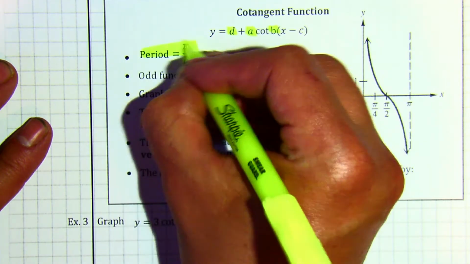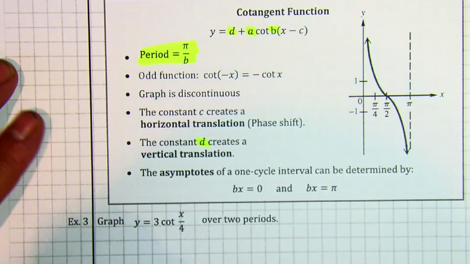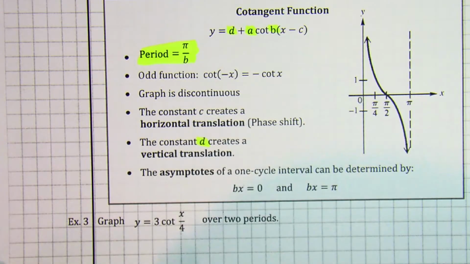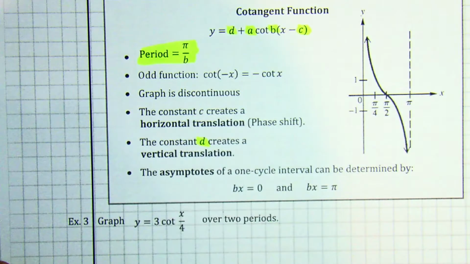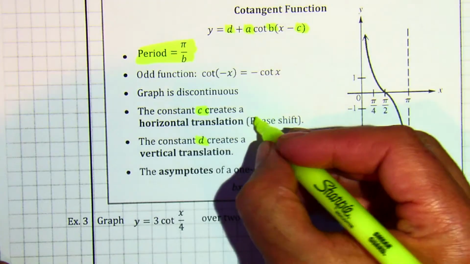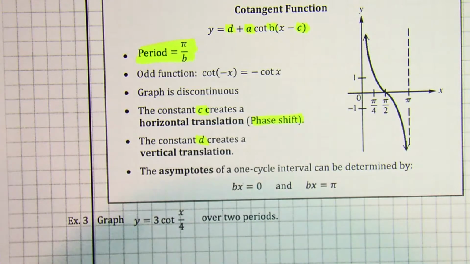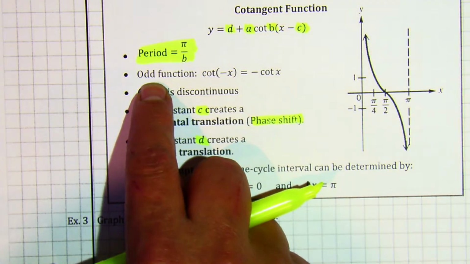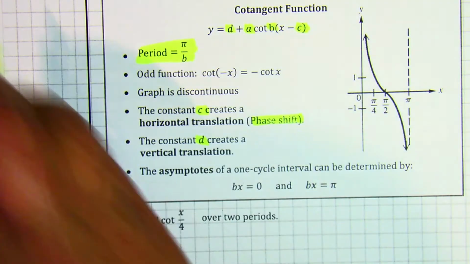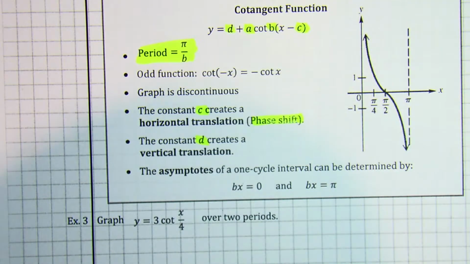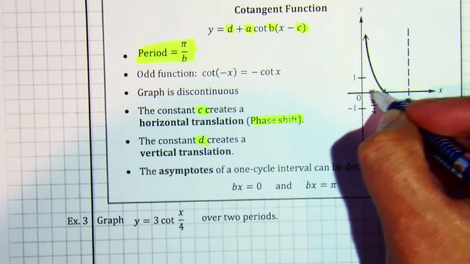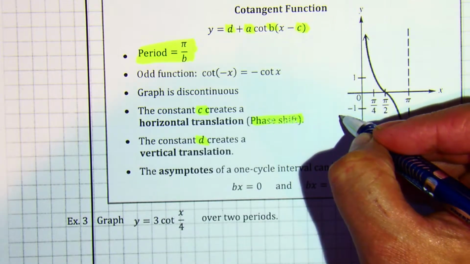Notice that your period, once again, is going to be pi over B, whereas your sine and cosine need to be 2 pi over B. Your C is your horizontal translation, which we call our phase shift. It's an odd function. That means if we plug in pi over 4, it will give us a 1. And the cotangent of negative pi over 4 will give us negative 1.